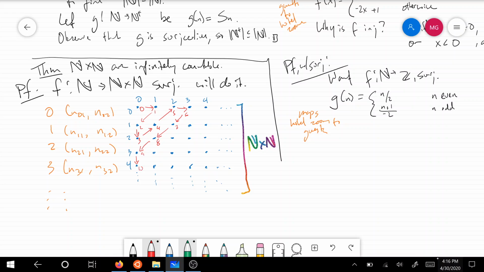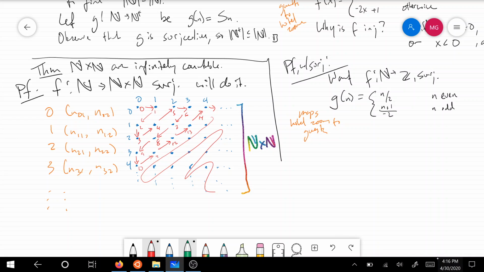And then here we're at 10, 11, 12, 13, 14. And then the next line will go off this way. And then we'll just keep zigzagging like this.